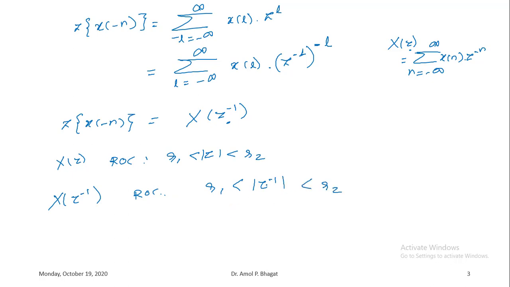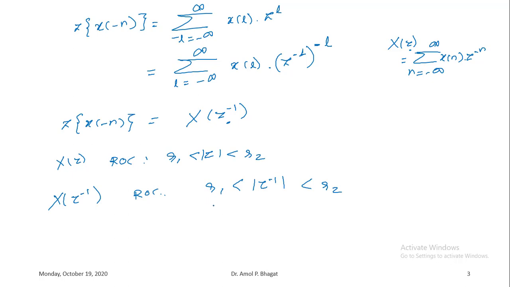If I send this Z inverse to the left hand side and R1 to the right hand side, it will be 1 upon R1, and similarly here it will be 1 upon R2.